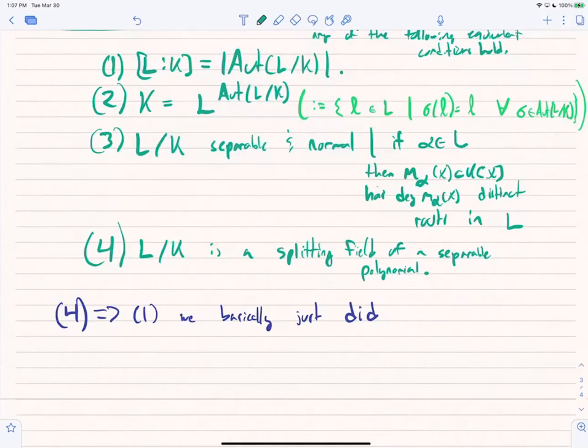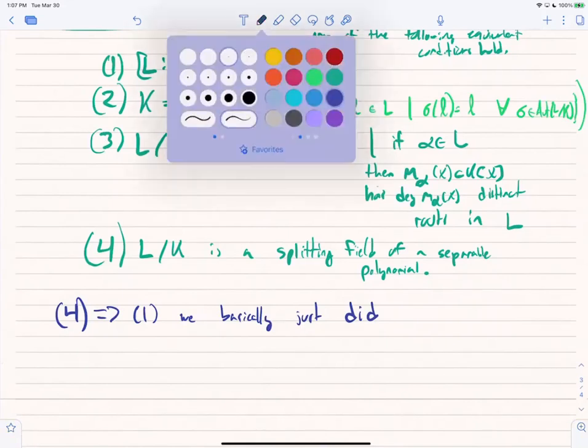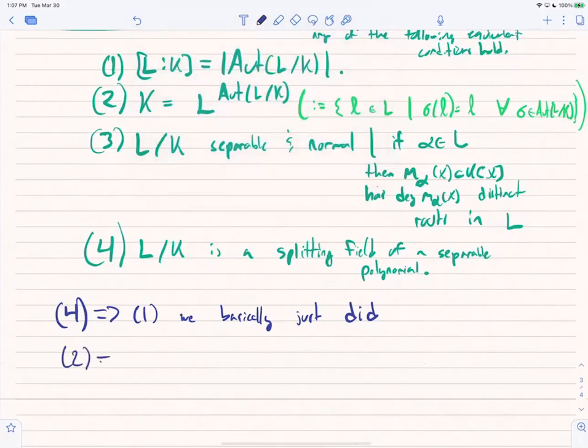And then 2 implies 3 is easy. So the point is, let me do a proof.